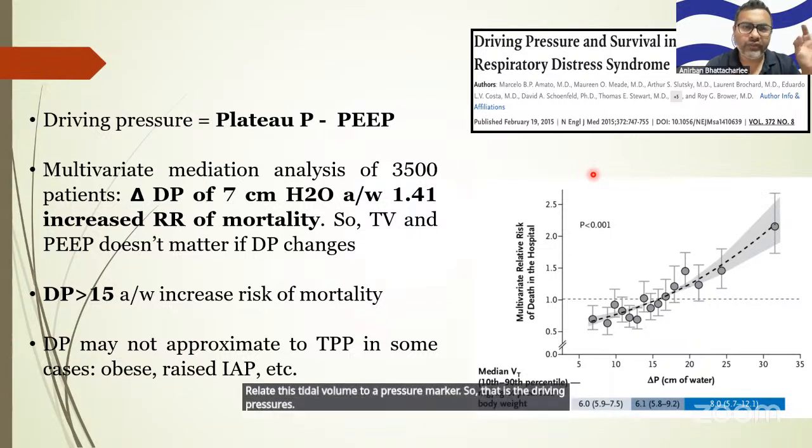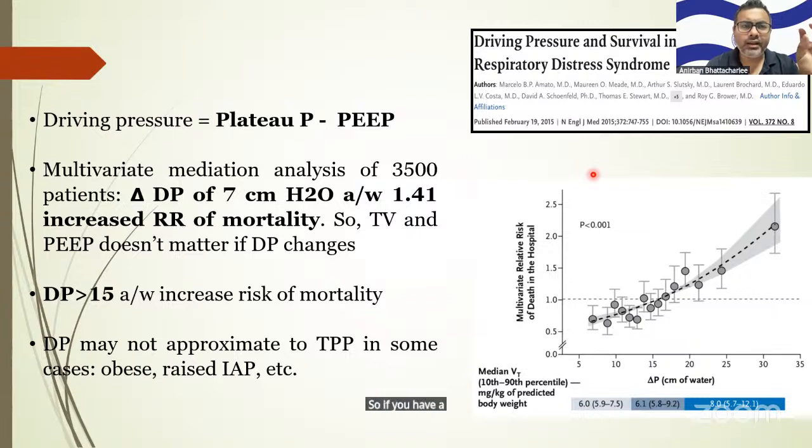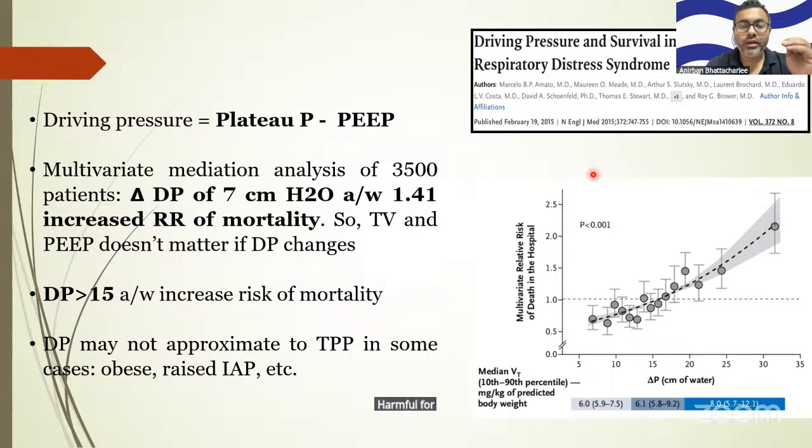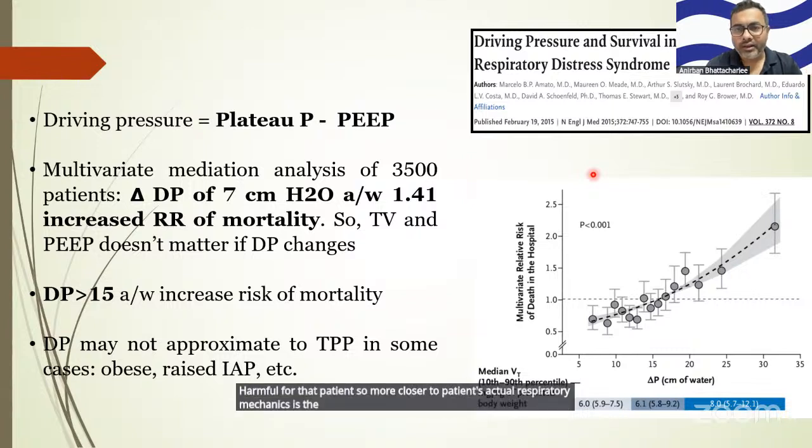So if you have a very small baby lung with a tidal volume of 6 ml per kg, your driving pressure is going to be very high. Even a tidal volume of 6 ml per kg may be harmful for that patient. So a measure closer to the patient's actual respiratory mechanics is the driving pressure.